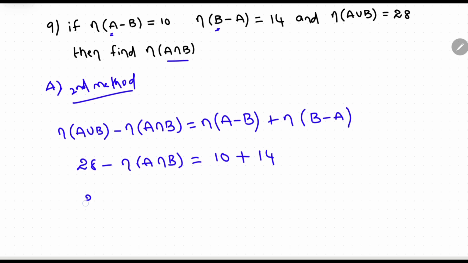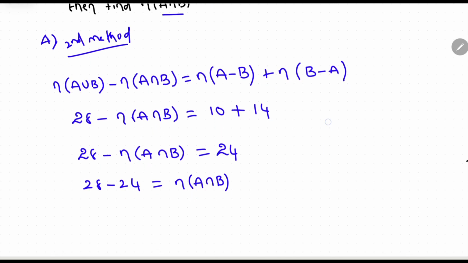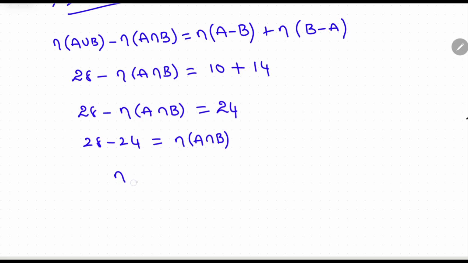So 28 minus n of A intersection B equals 24. On transposing, 28 minus 24 equals n of A intersection B. Therefore n of A intersection B equals 4. That's it.